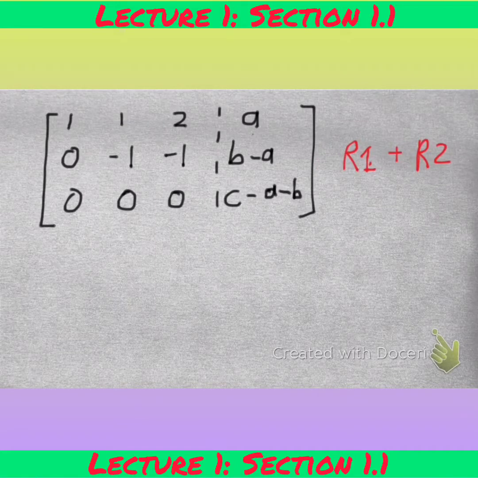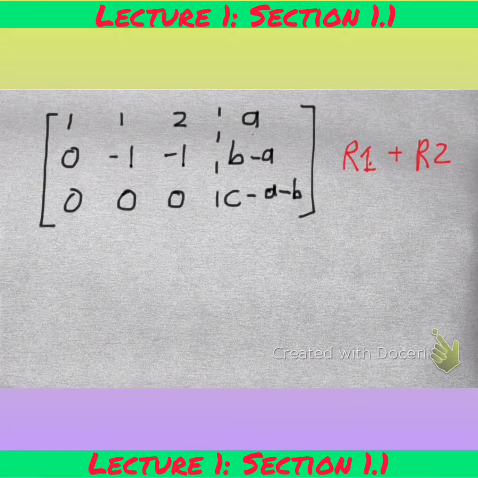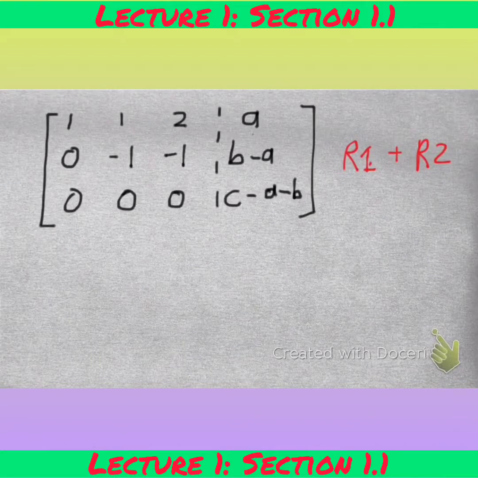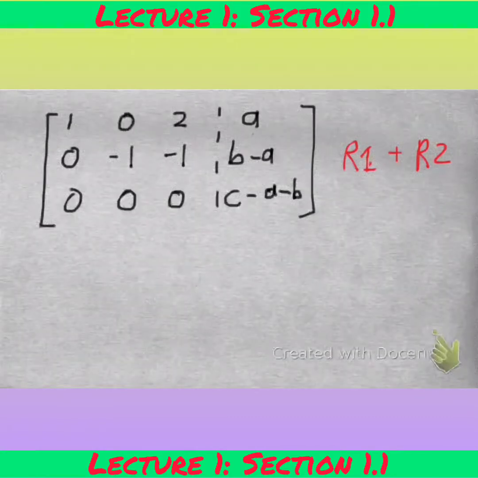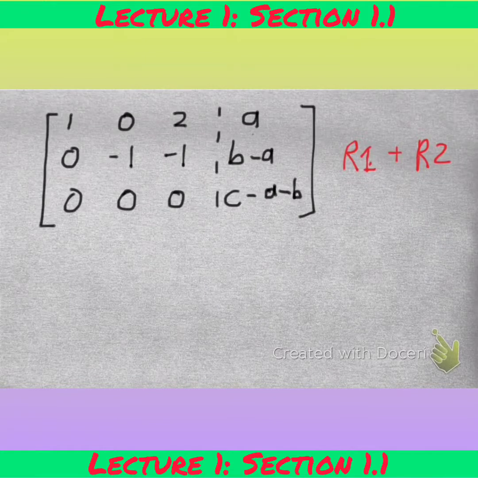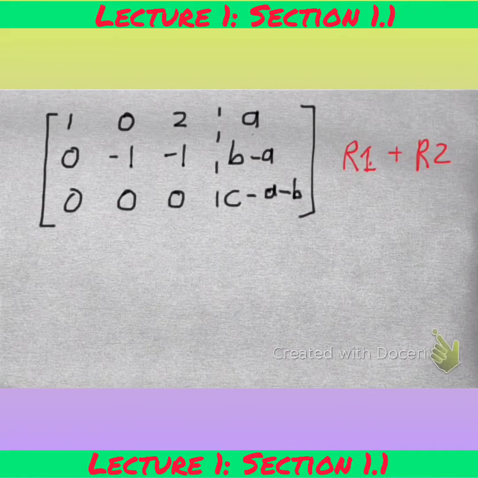Okay, let's, for cosmetic purposes, just change the first row by adding the second row to the first row. So that basically means that the second entry of the first row is going to become 1 plus -1, which is going to be 0. The third entry is going to become -1 plus 2, which is going to be 1.